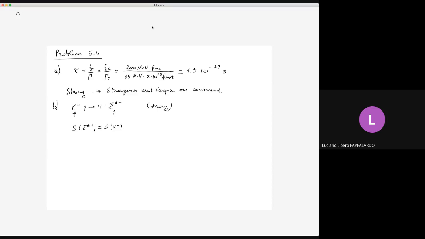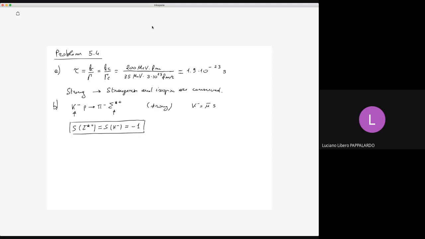The K minus, if you remember, is a meson made by an anti-up quark and a strange quark. So the strangeness of the K minus is -1, which is also the strangeness of the sigma star plus. We have a strange quark, so the strangeness must be -1.